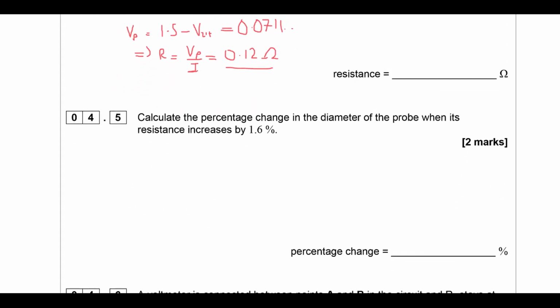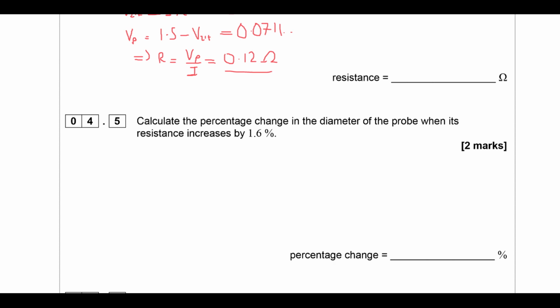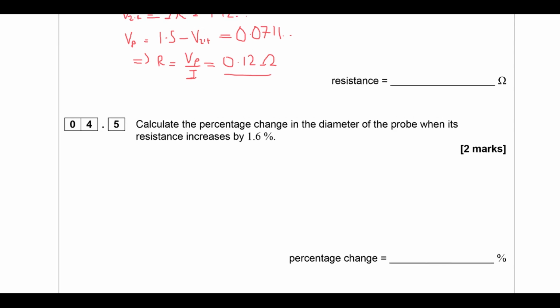Calculate the percentage change in the diameter of the probe when its resistance increases by 1.6%. So we should know that resistance is equal to K, a constant, divided by A, which is linked to K over D squared. So essentially, if the resistance is increased by 1.6%, the diameter must decrease by 0.8%.